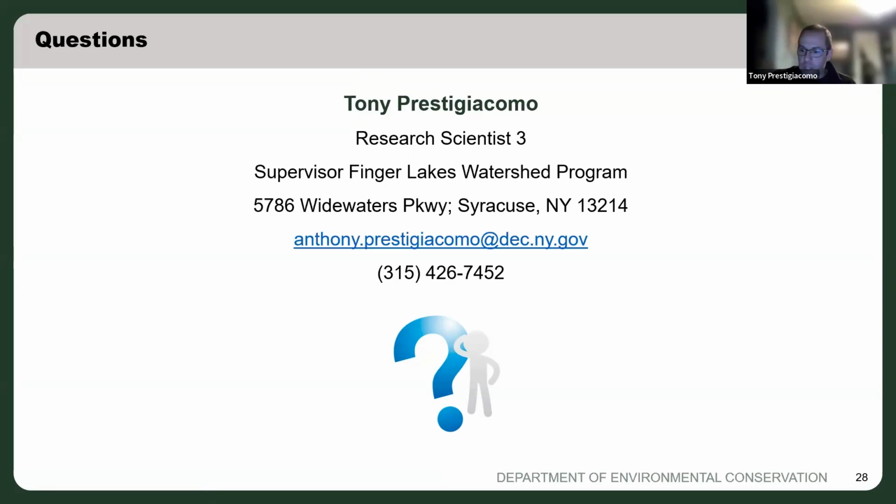Yeah, sure. So the usual case is that in odd numbered years, 2025 being one of them, DEC, Division of Water, will put out a solicitation email to people that have collected data throughout the state. Those data sets can be submitted for review and screening for inclusion in how the DEC assesses the waters of the state.